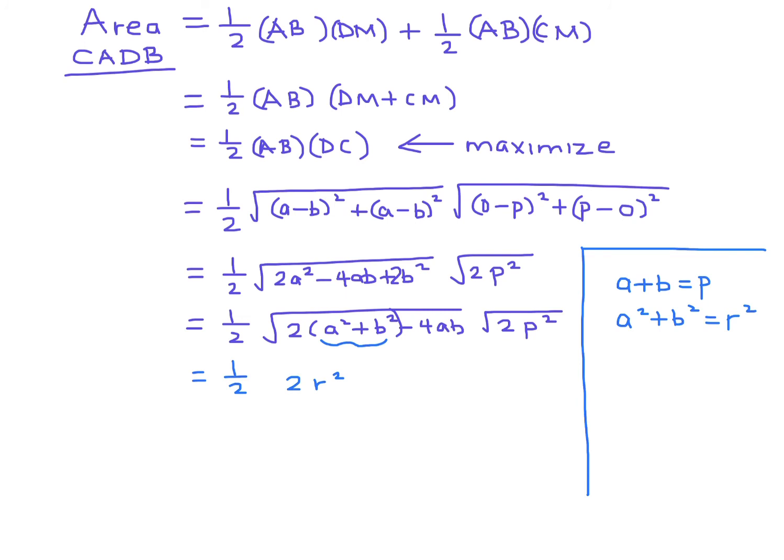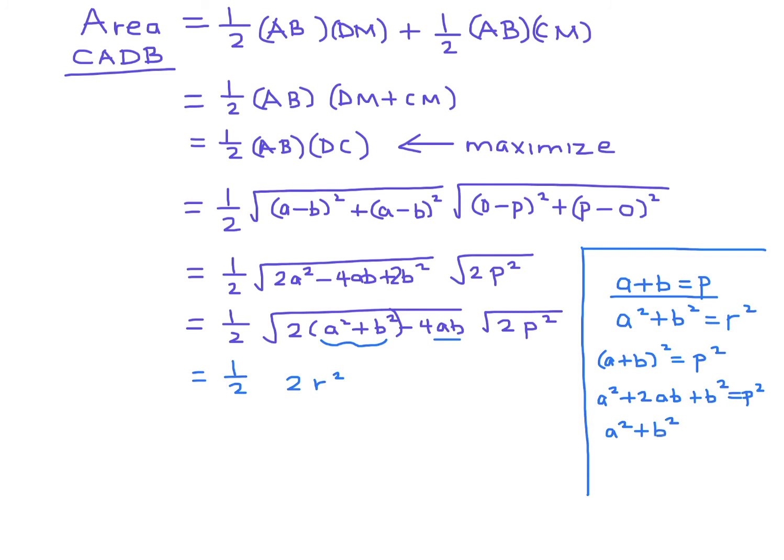Okay? And then, what else can we do here? At this point, you think, well, I'm still going to have this AB. I don't really like that. Too many variables. I think we can get rid of that. Use this one here and square both sides. Watch what happens. A plus B squared is equal to P squared, correct? If you square both sides and expand, you get A squared plus 2AB plus B squared is equal to P squared, correct?